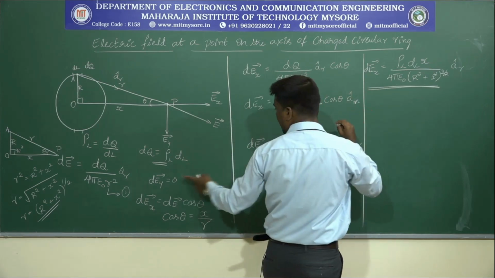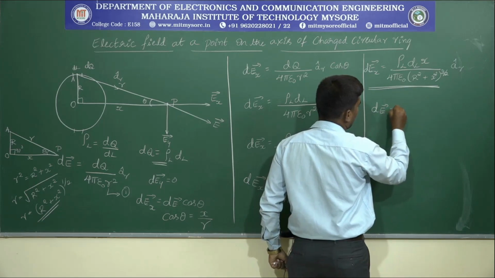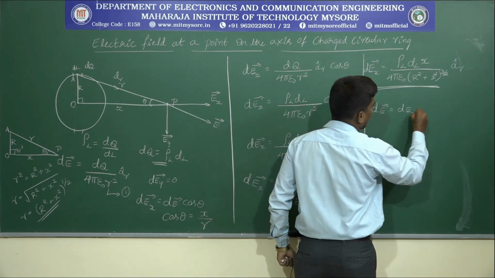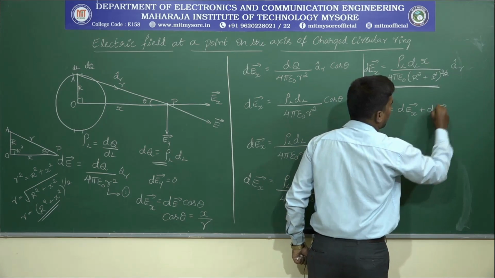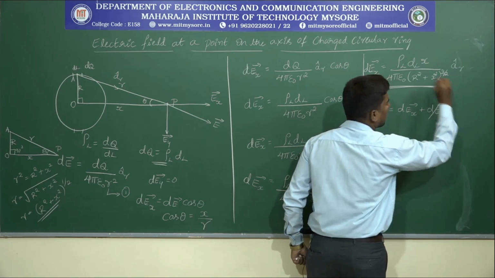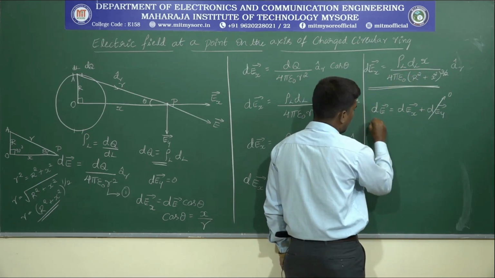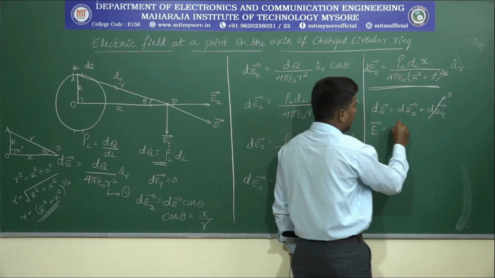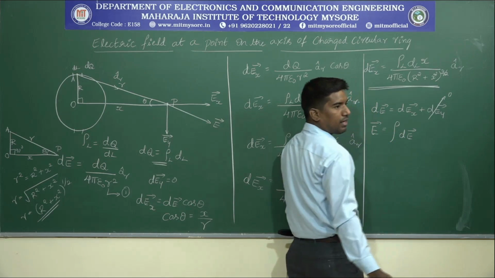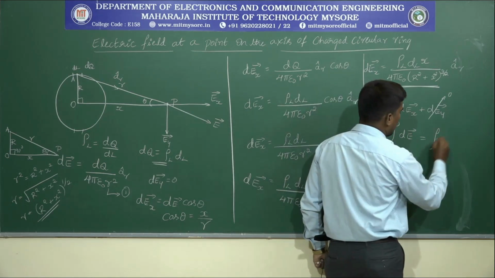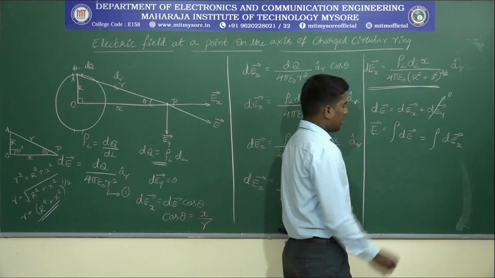Now we know that dEy is equal to 0. Then dE is equal to dEx component plus dEy component, and we know that the dEy component is 0. Therefore, in order to get the total electric field intensity E, we need to integrate all the dE components, in other words, integration of the dEx components.